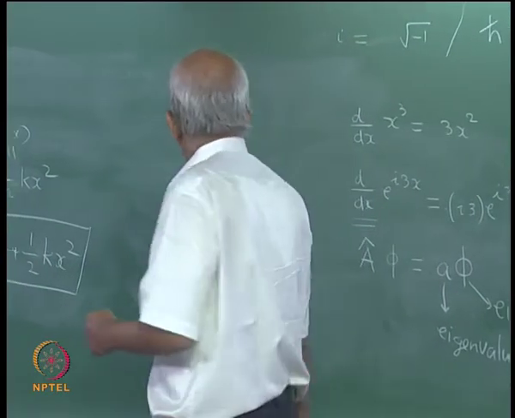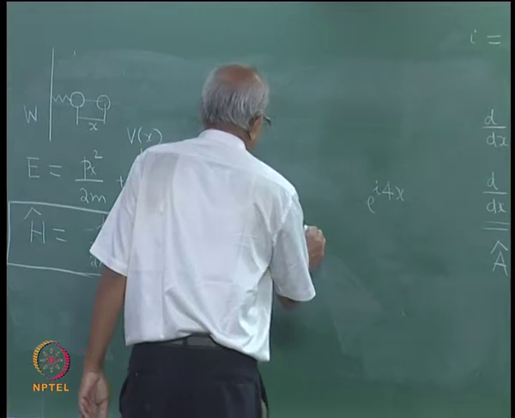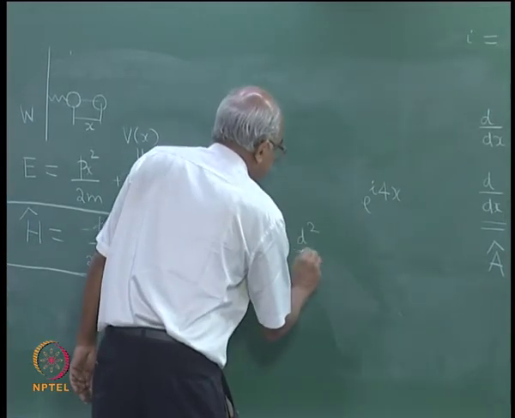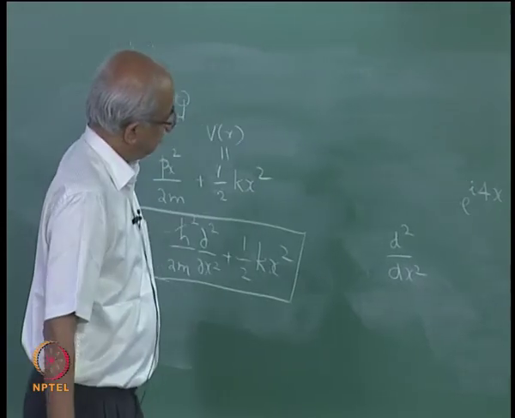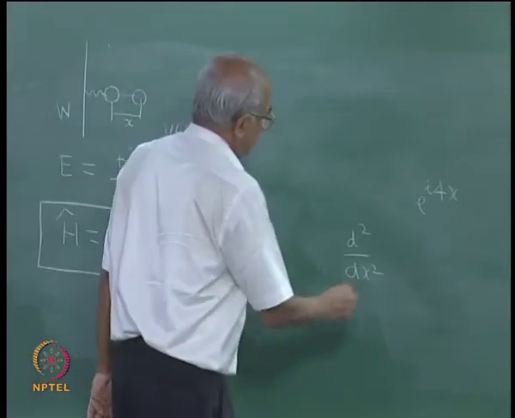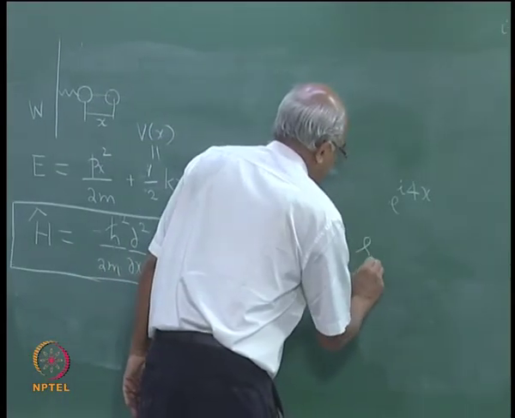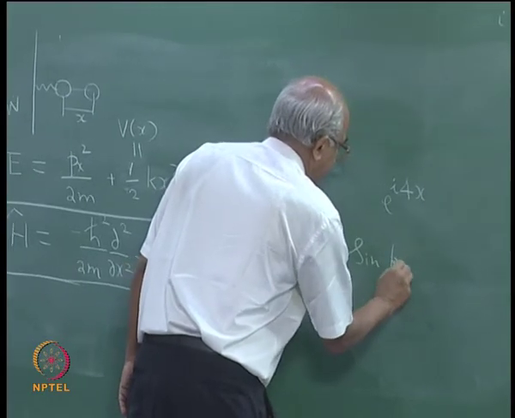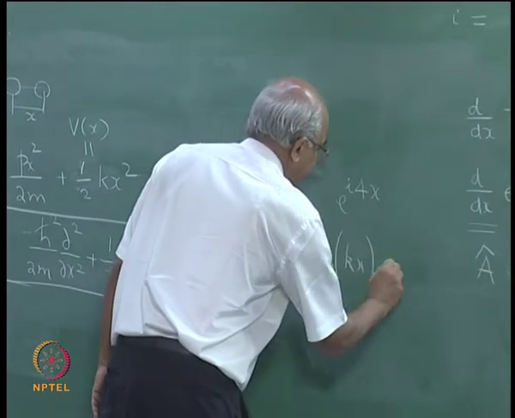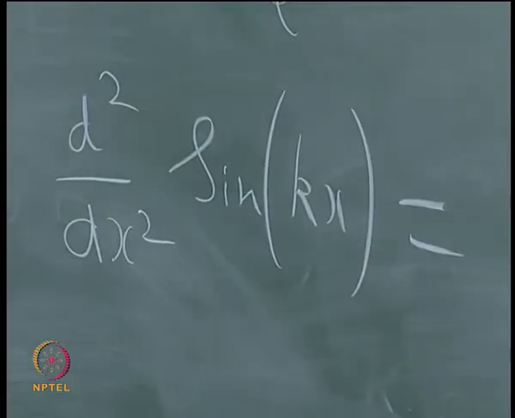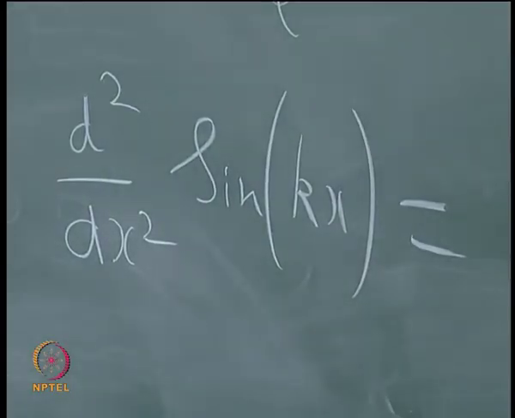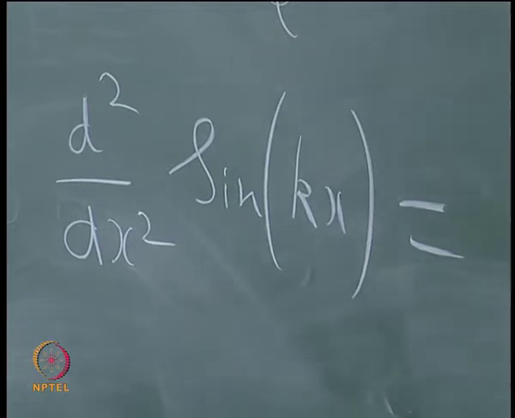Okay. Now, suppose I think of the operator d square upon dx square, and imagine that it operates upon a function which I may denote as sin kx. Well, it is very easy to carry out two differentiations of the sine function. If we carry out two differentiations, what will be the answer?